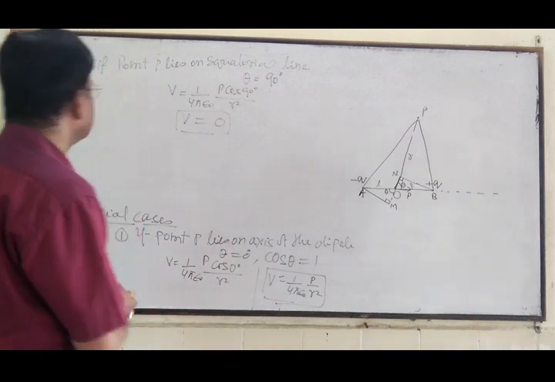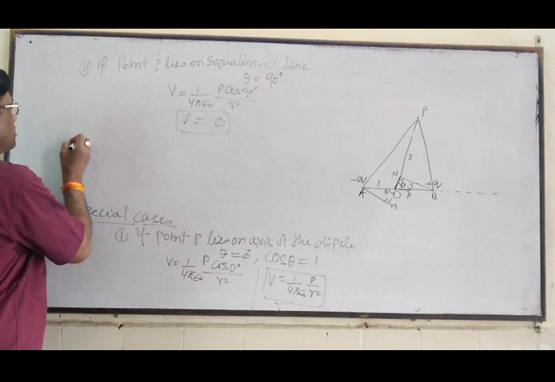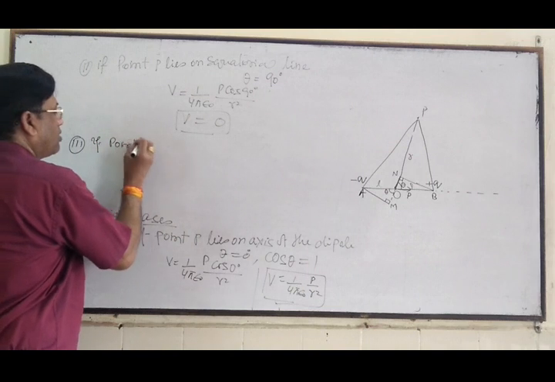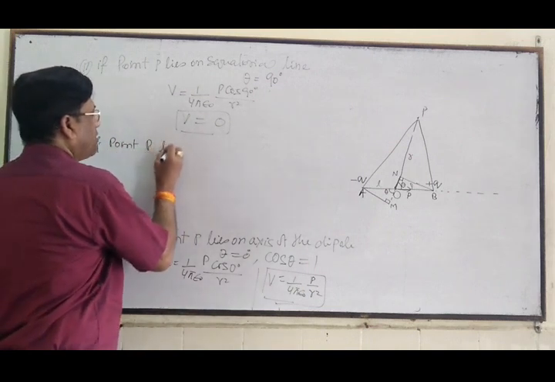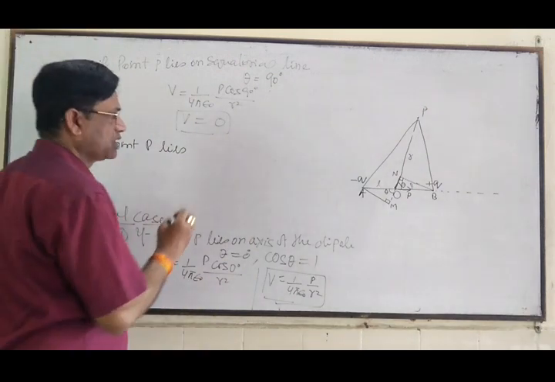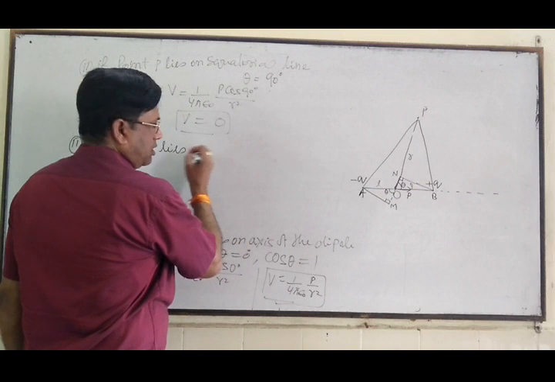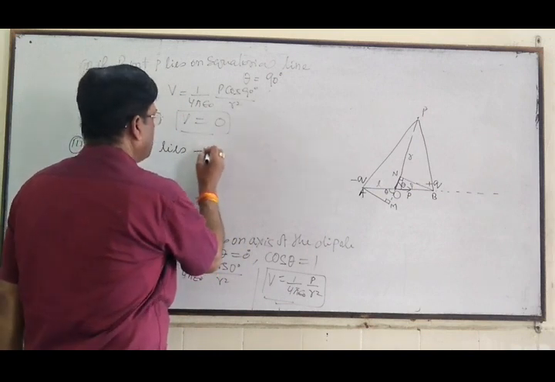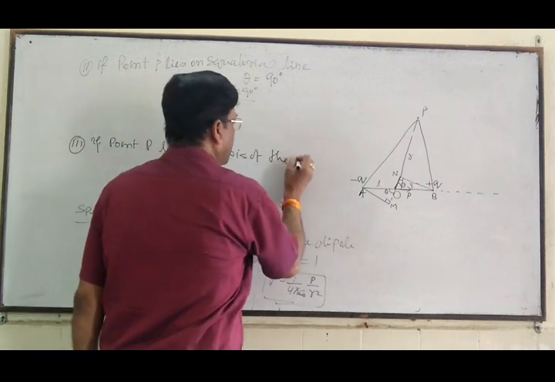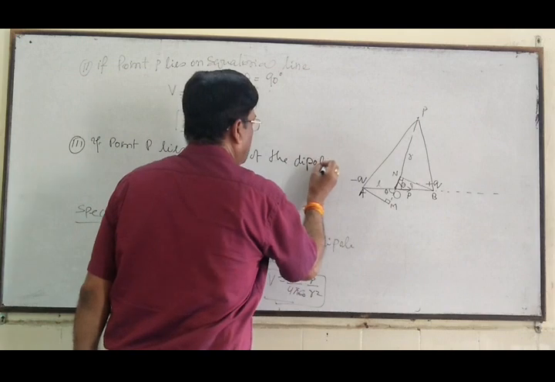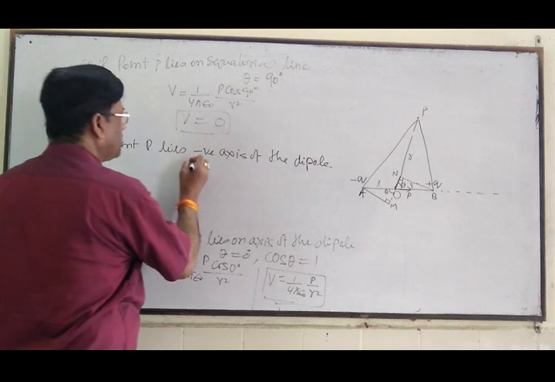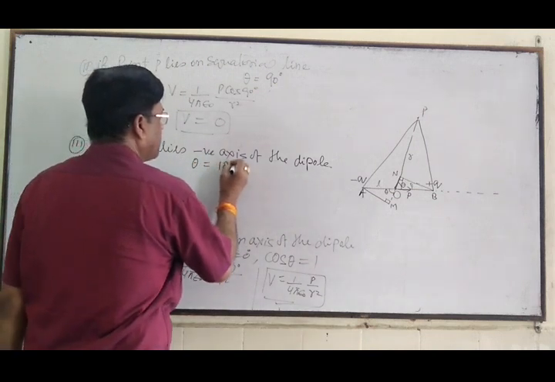Third is, if point P lies on the negative axis of the dipole. Then what will happen? Theta is equal to 180 degree.